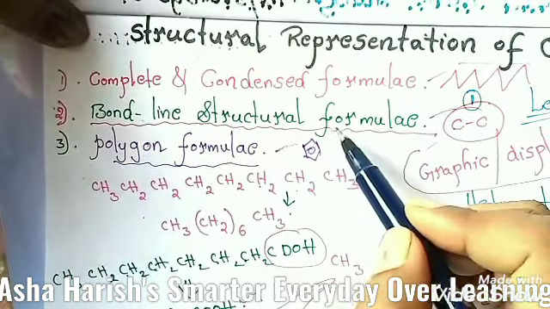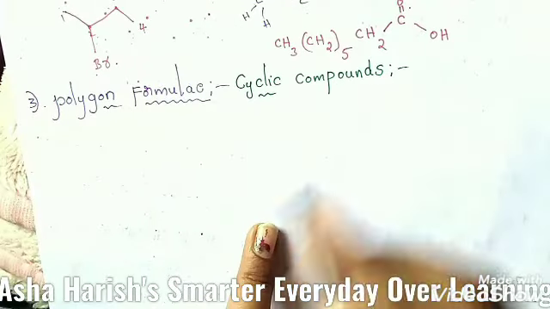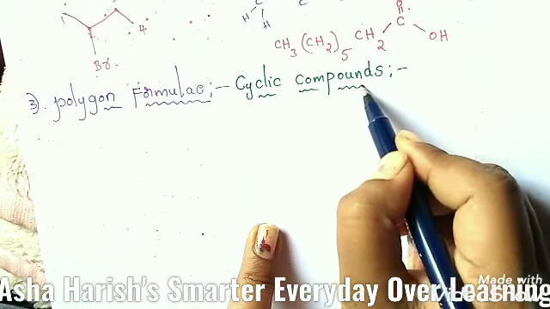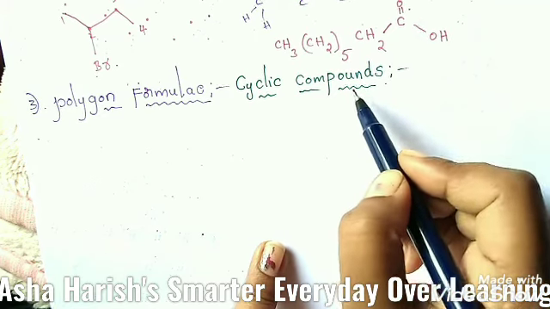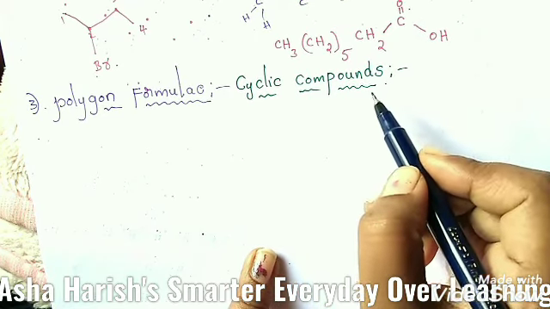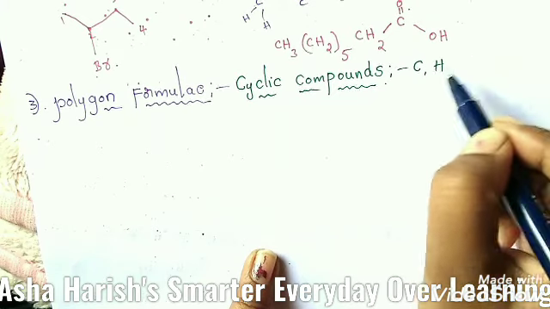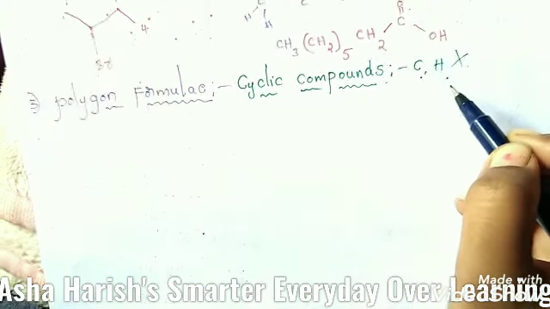These are called cyclic compounds, and these are usually represented by polygons without showing the carbon and hydrogen atoms.